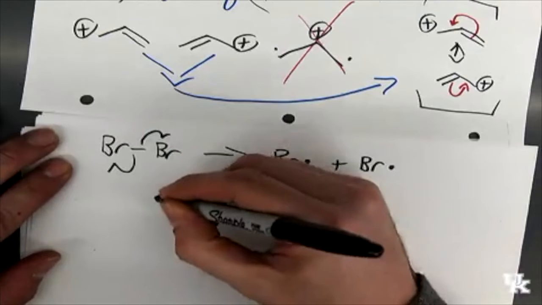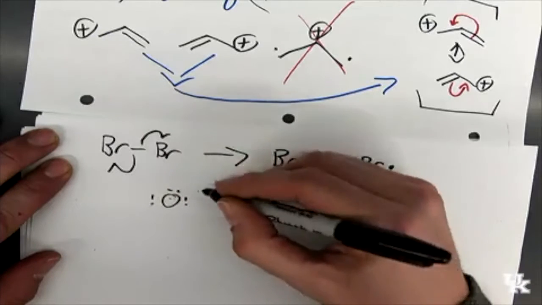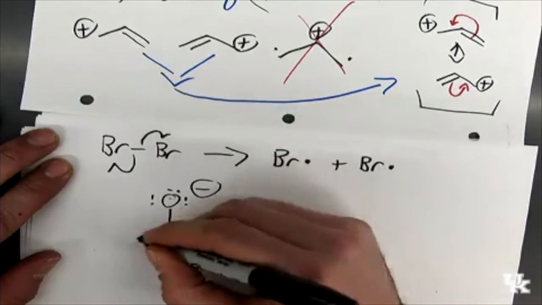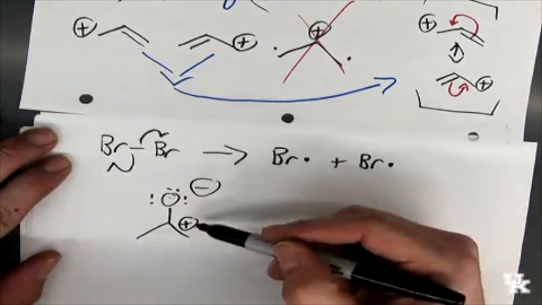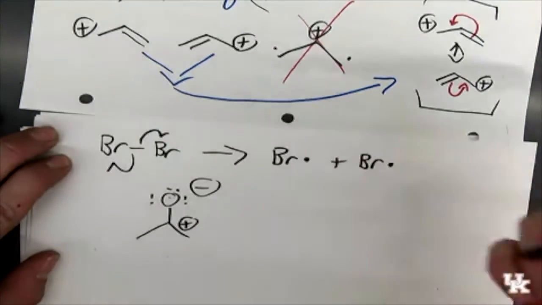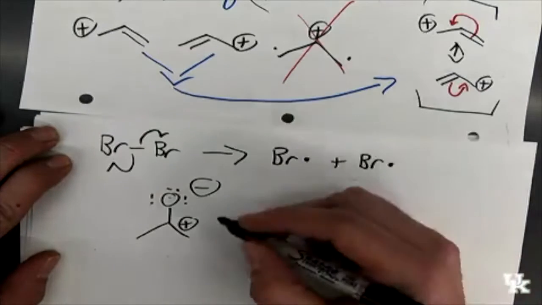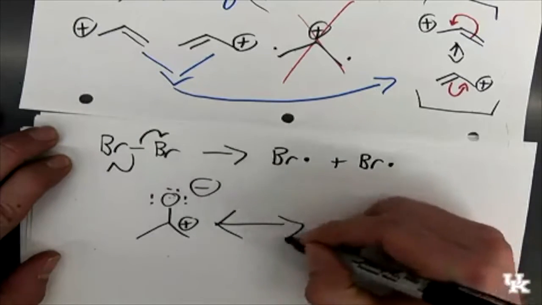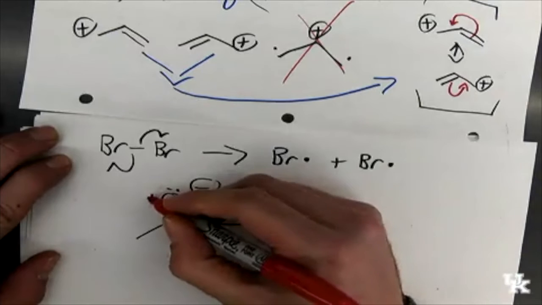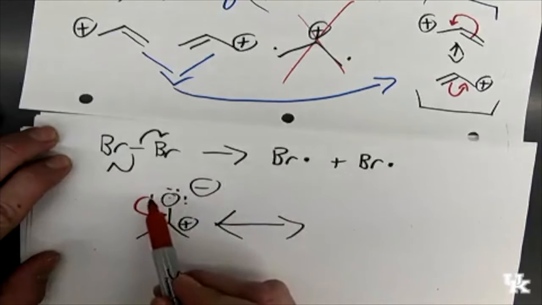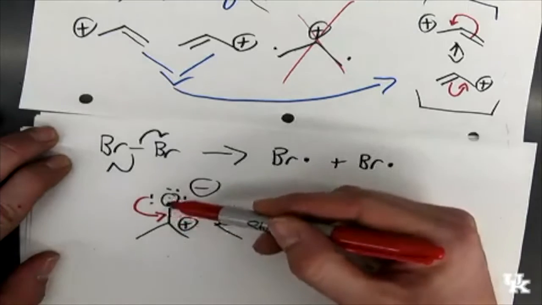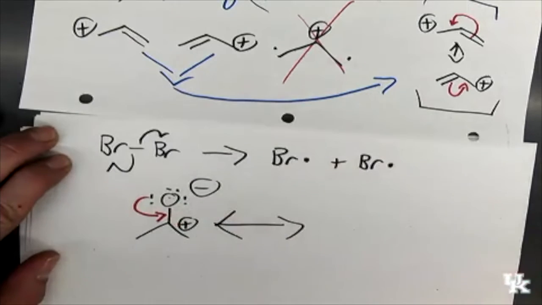Let's say you have this molecule. Okay? Negative on top, positive on bottom. A resonance structure of this molecule might be like this, where the electrons on the oxygen now form a pi bond between the oxygen and carbon.